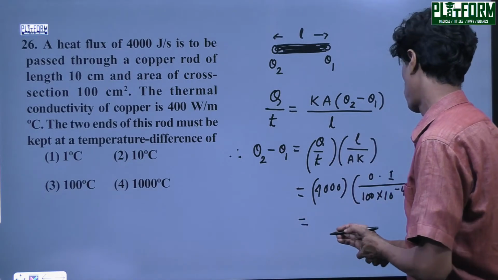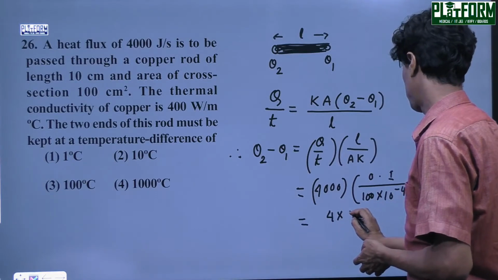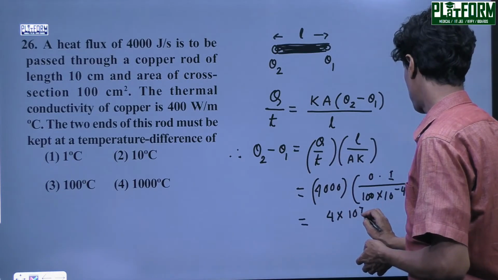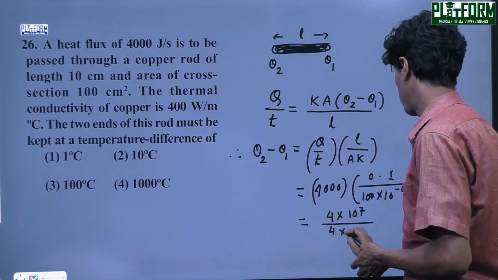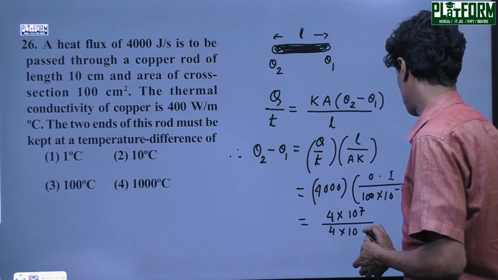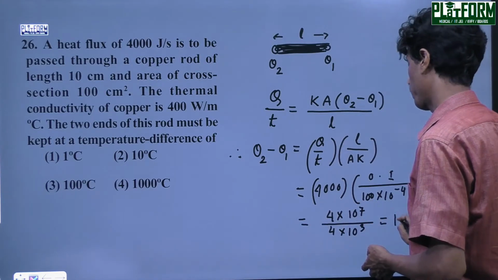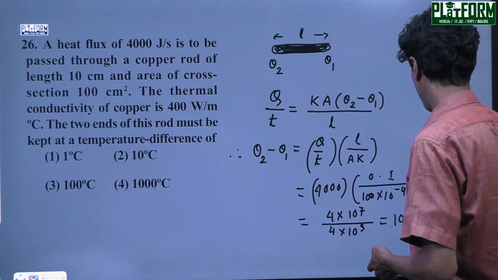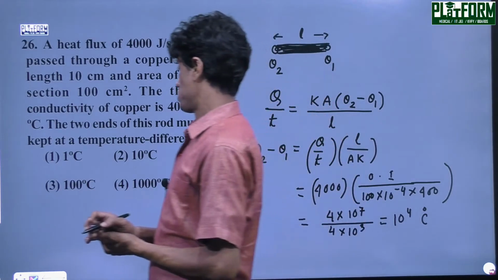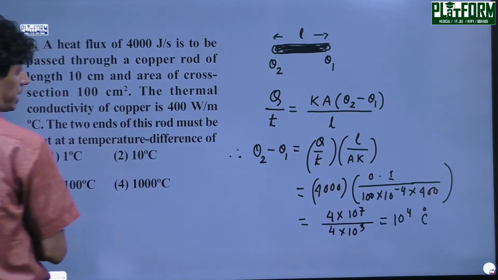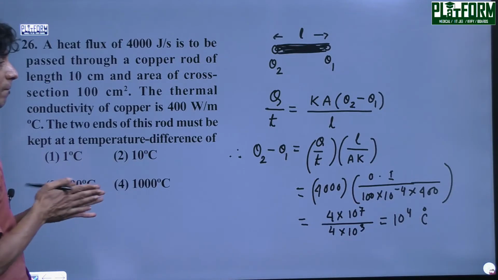So 4 into 10 to the power 7 by 4 into 10 to the power 3, and finally it is 10 to the power 4 degrees centigrade. Temperature difference 10 to the power 4 degrees centigrade.